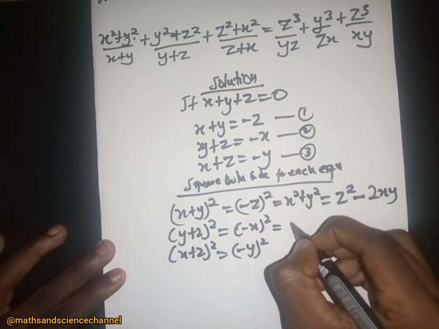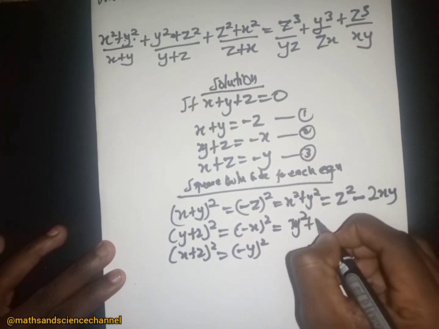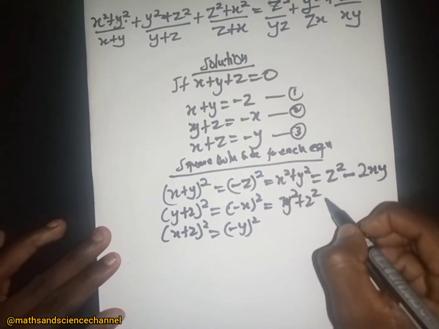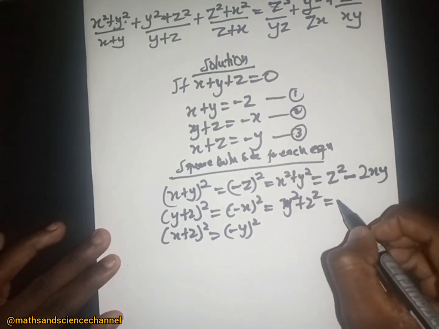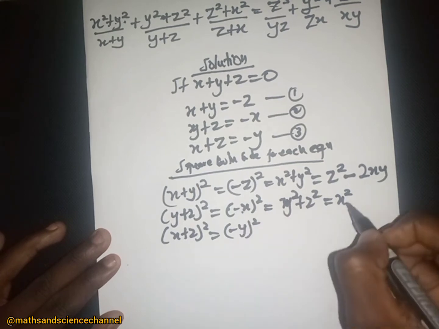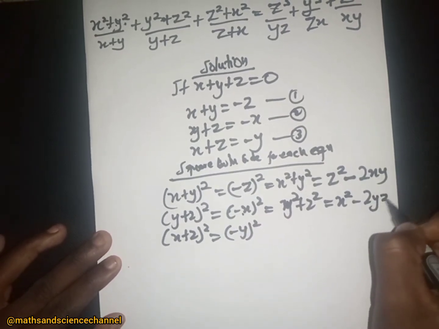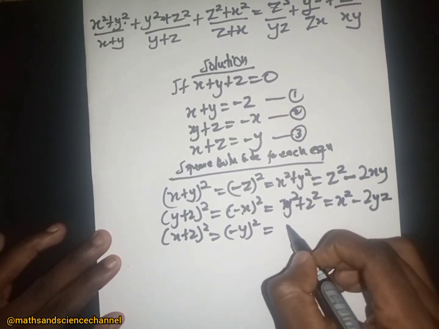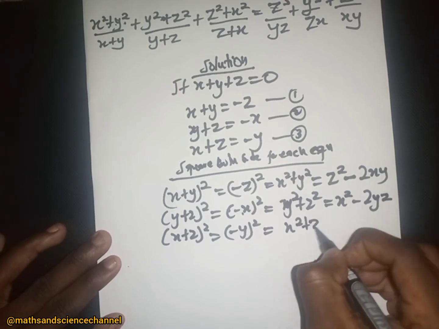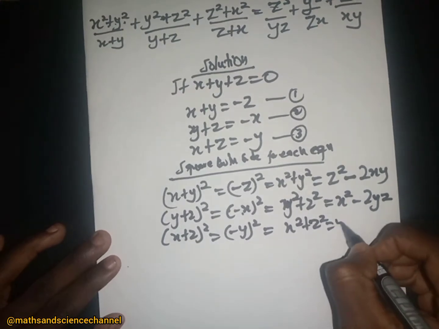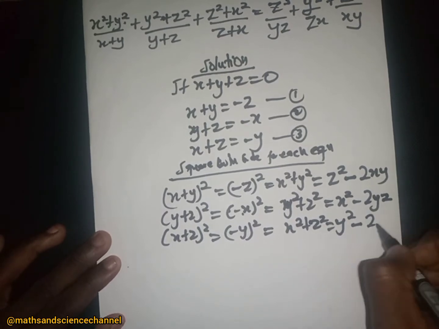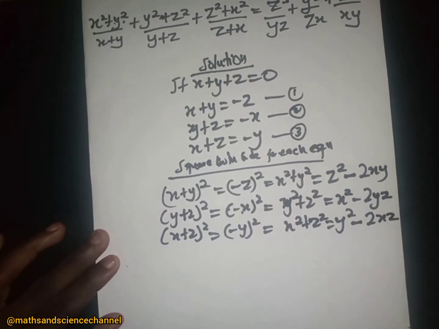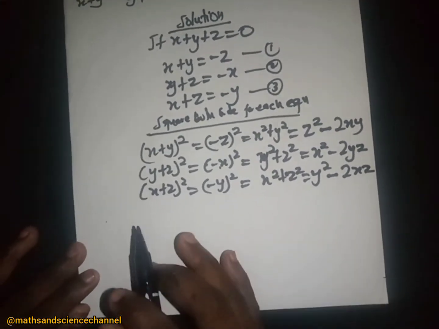In this case too, we're going to get y squared plus z squared plus 2yz, so I'm sending it to the other side, so we're going to get x squared here, then minus 2yz. Then here also we do the same thing, so we have x squared plus z squared equal to y squared, then minus 2xz. So this is what we have.